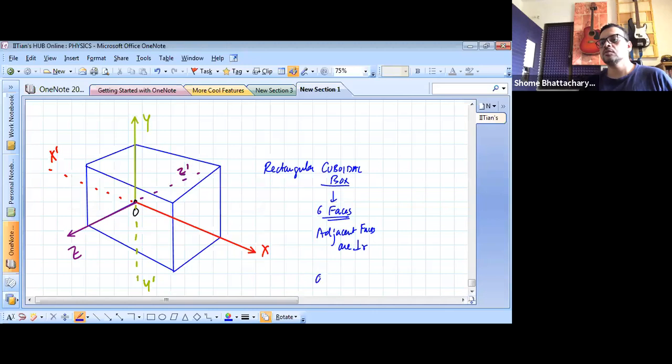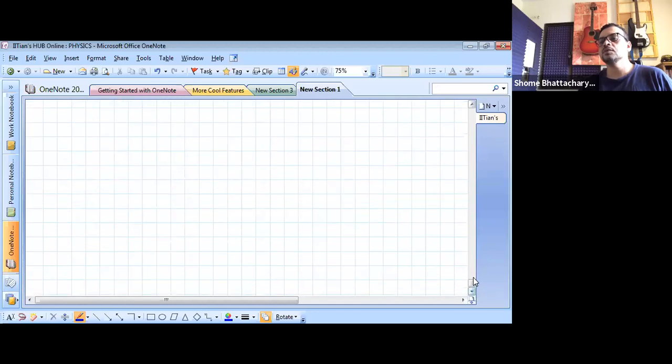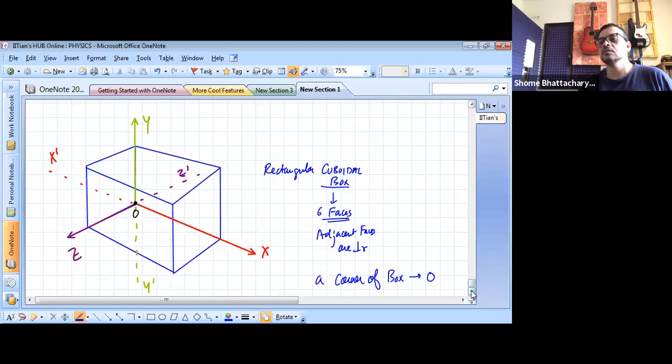So the corner of this box is our origin. And 3 mutually perpendicular edges become the axis.